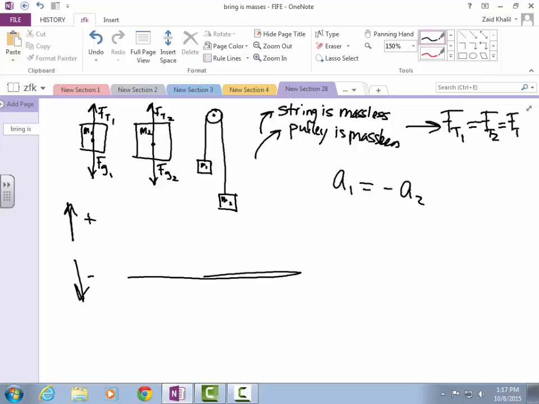When I say Fg, you say mg. So what's Fg2? M2g. What's Fg1? M1g. So we get A1 is equal to M2 minus M1 times g over M1 plus M2.